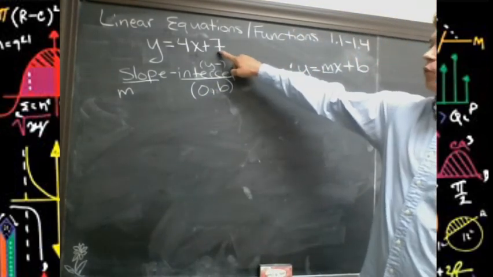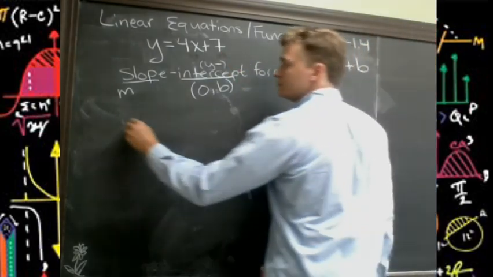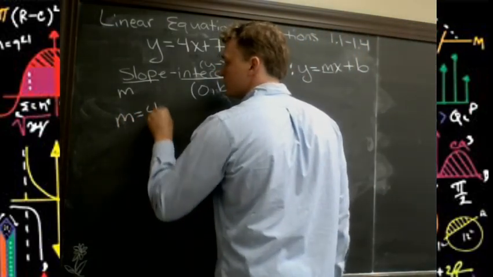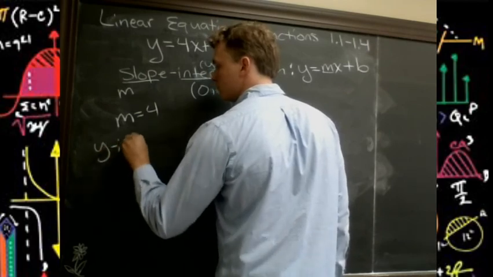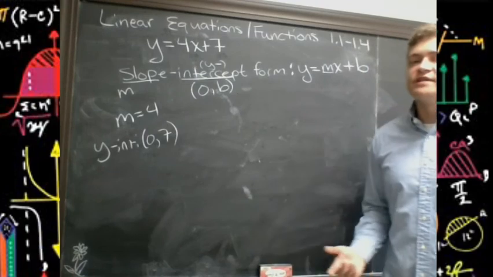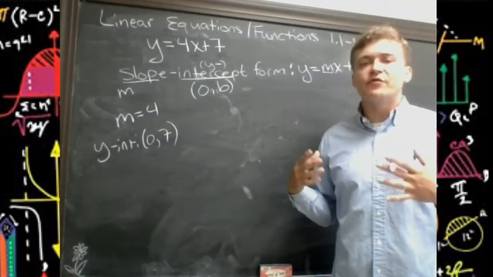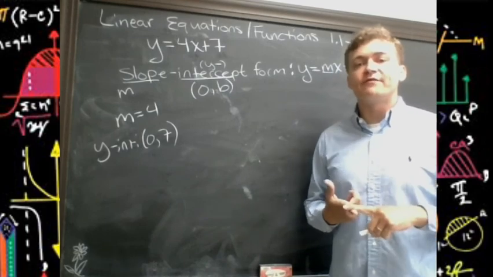So in this case, our y-intercept is (0, 7). With this information right here, I have more than enough to graph. It's all about using the information that's given to you to graph and to interpret.